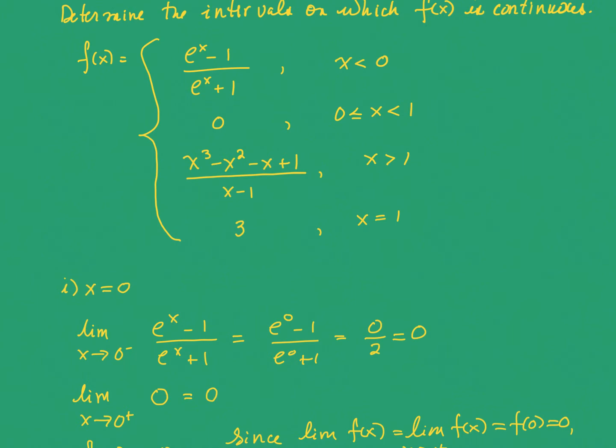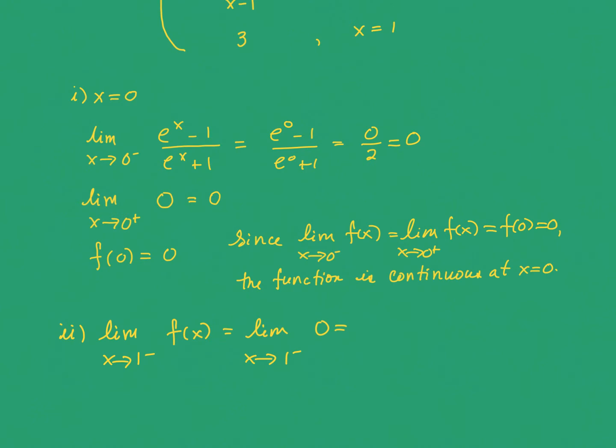Looking again at the function, we realize there could possibly be a problem at 1 because it's defined differently on either side of 1 and then at 1. So we need to check the limit as x tends to 1 from the left, we'll use that. And the limit as x tends to 1 from the right, we'll use that. And then this is the function value at 1.